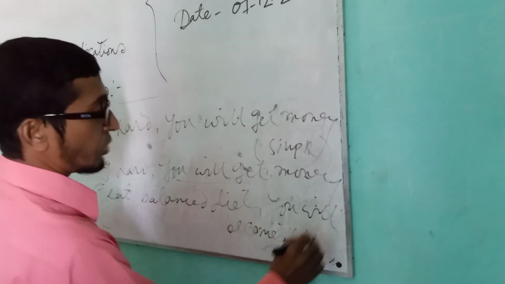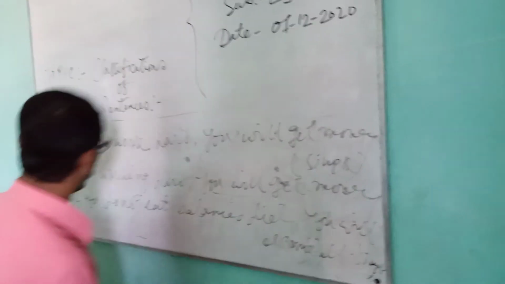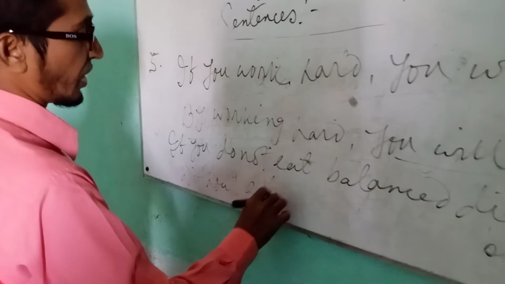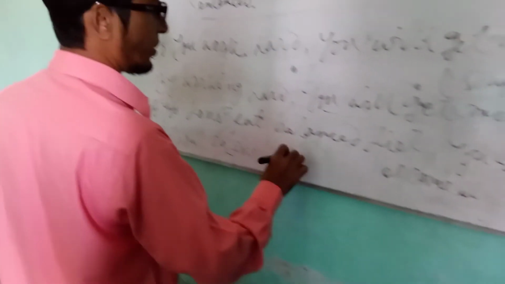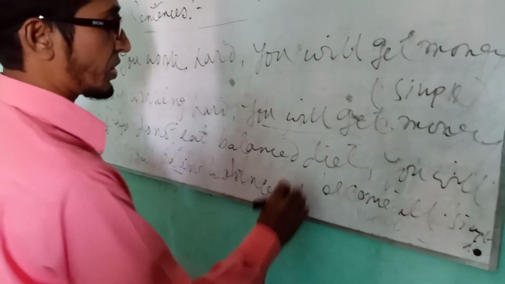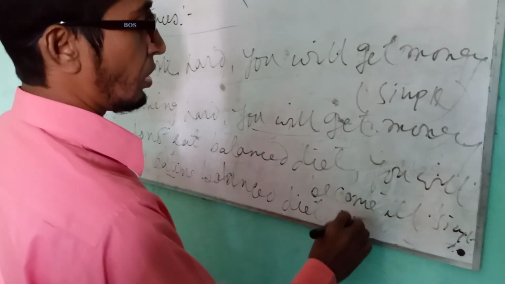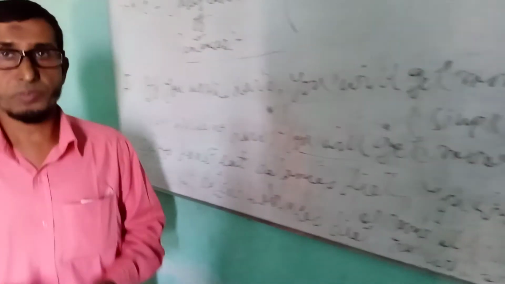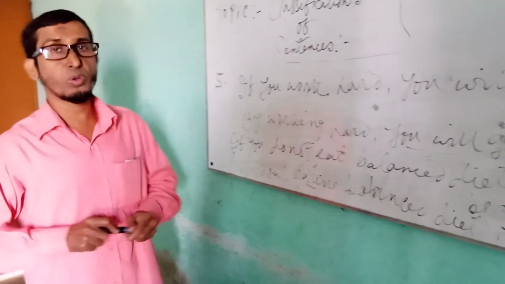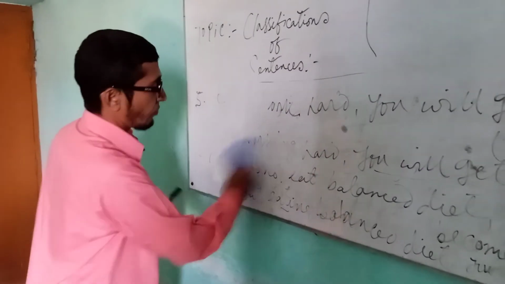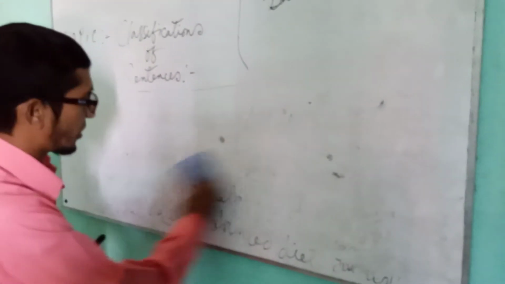If you want to make a simple sentence, then: "Without eating a balanced diet, you will become ill." Similarly, "If you do not work hard, you will not get money." Simple: "Without working hard, you will not get money." So we have finished rule number 5. Now we are doing rule number 6.